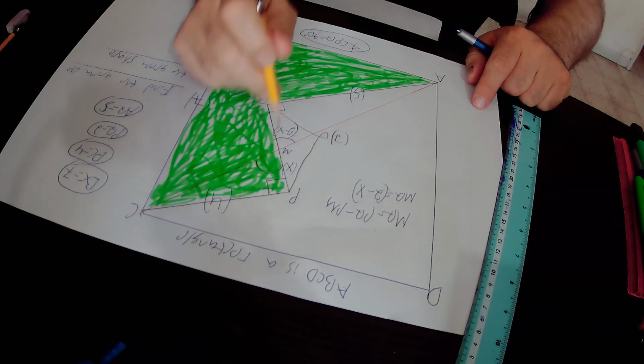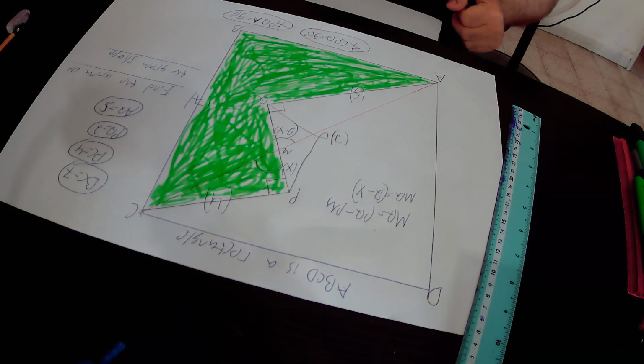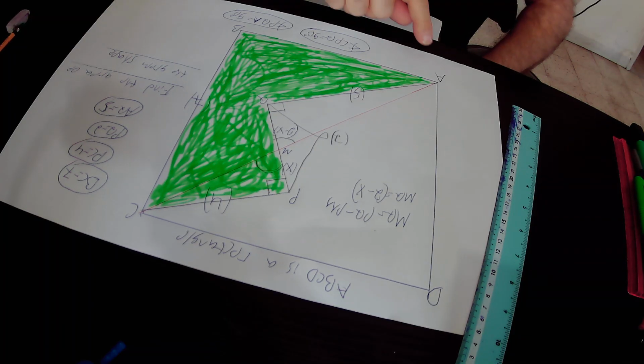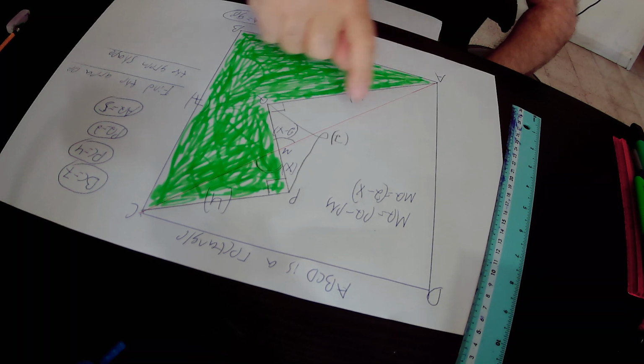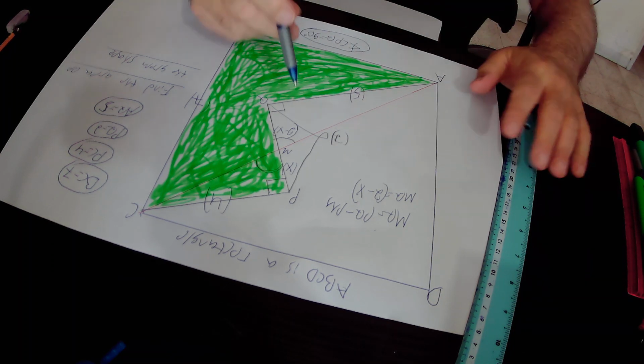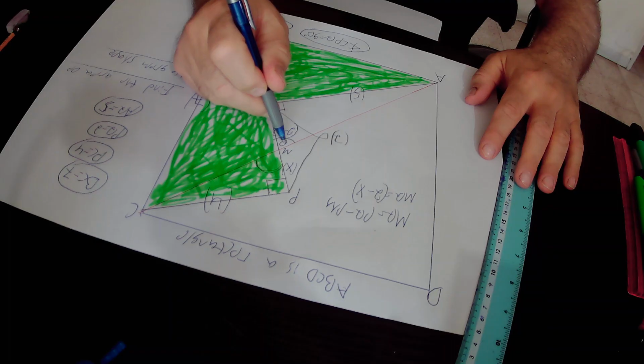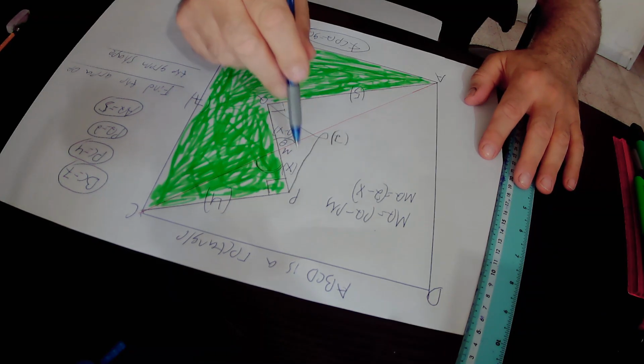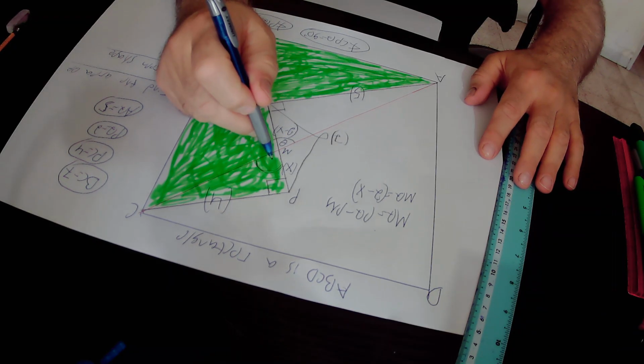You know that vertex angles are equal to each other. So if the vertex angle AMQ equals theta, then the other vertex angle PMC must also equal theta.